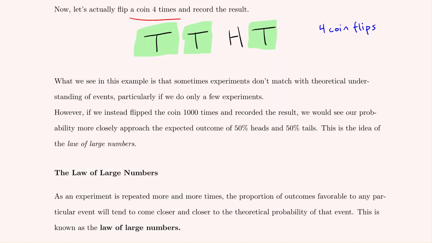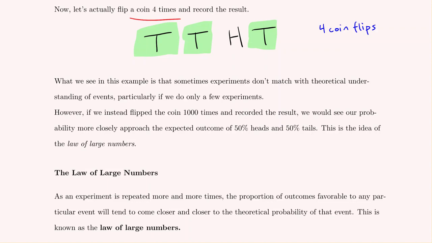For instance, right now I have 3 out of 4, or 75% of the occurrences as tails. But if I flipped a coin 100 times, I would get much closer to that theoretical expectation that 50% of the coins should be tails, 50% should be heads.